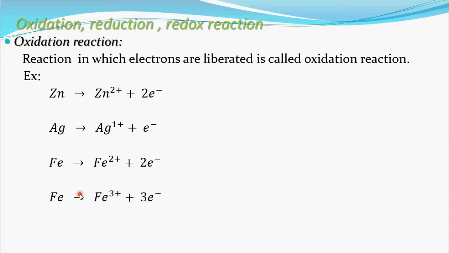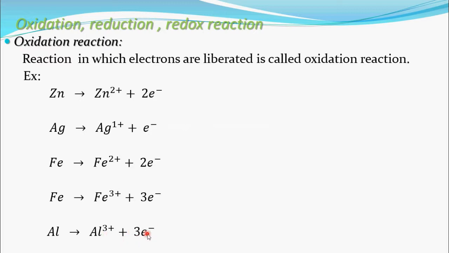One more example: Fe gives Fe3+ and 3 electrons. This is the ferric ion and that is the ferrous ion. Here 3 electrons are liberated. Oxidation of aluminum gives aluminum ions and 3 electrons are liberated.